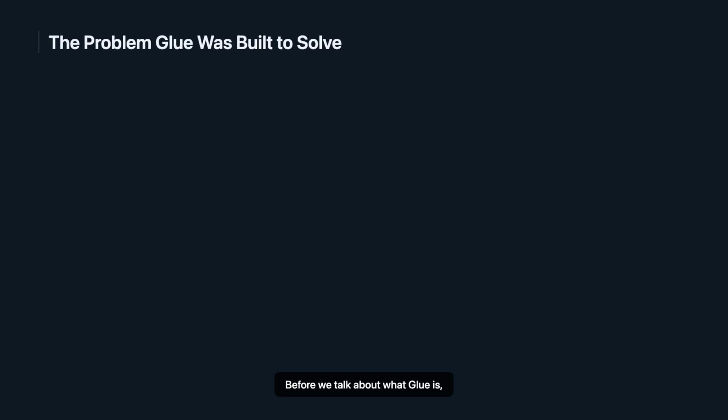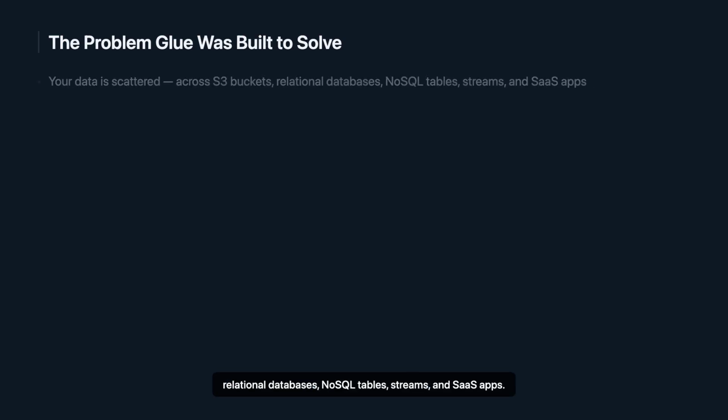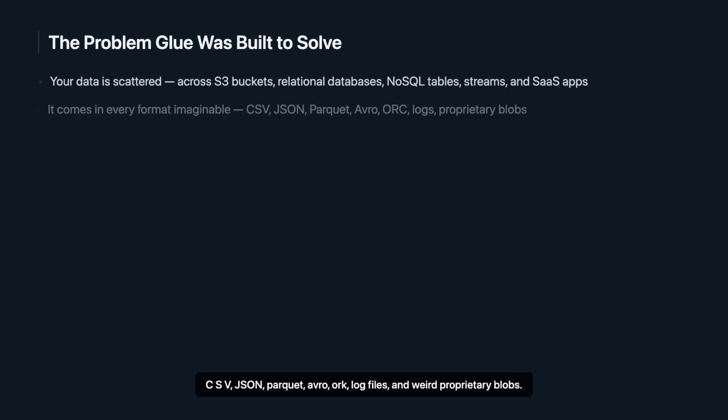Before we talk about what Glue is, let's talk about the problem it was built to solve. The first problem, your data is scattered across S3 buckets, relational databases, NoSQL tables, streams, and SaaS apps. The second problem, it comes in every format imaginable: CSV, JSON, Parquet, Avro, ORC, log files, and weird proprietary blobs.